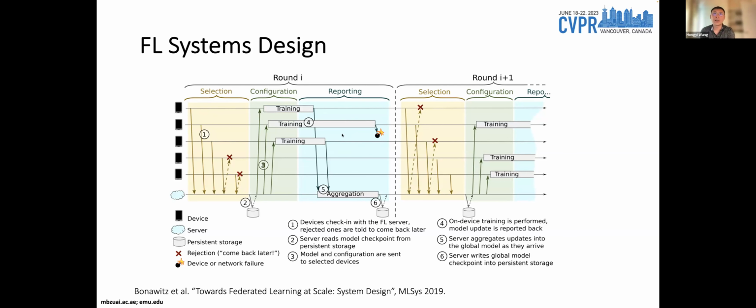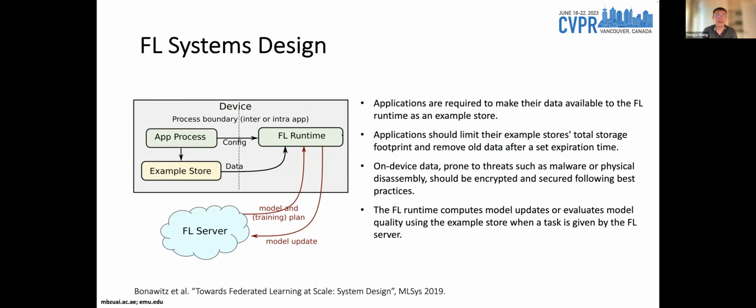So what happens on the device is that it works with this hierarchy. There is an FL runtime that controls which algorithm is actually running and all the machine learning configuration, let's say the batch size and hyperparameters. It talks to the example store, which handles the local data with some cryptography methods to guarantee data privacy.